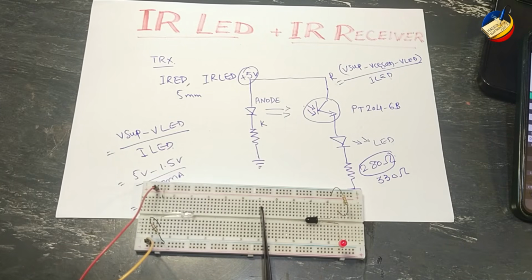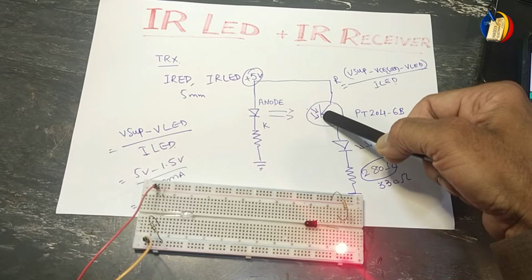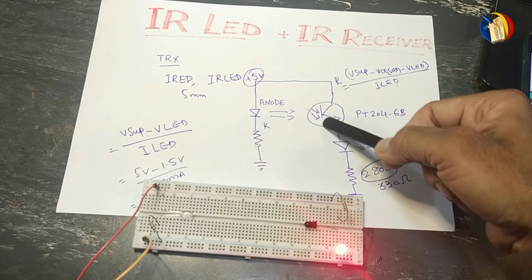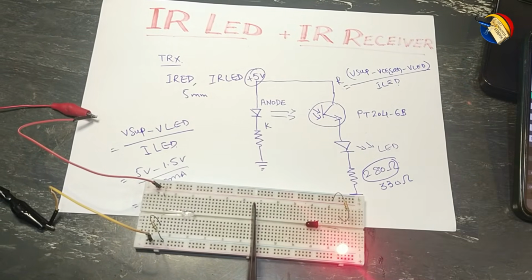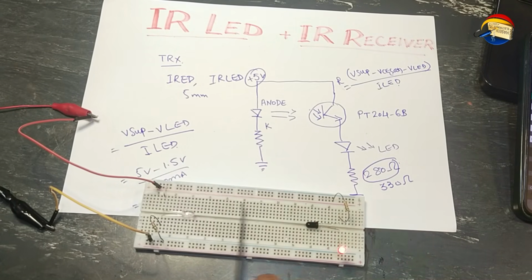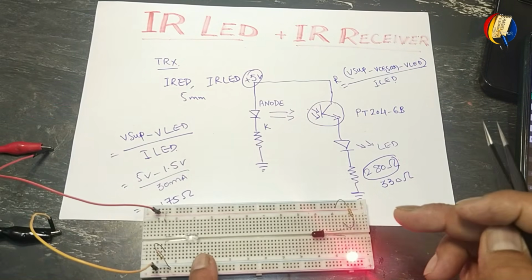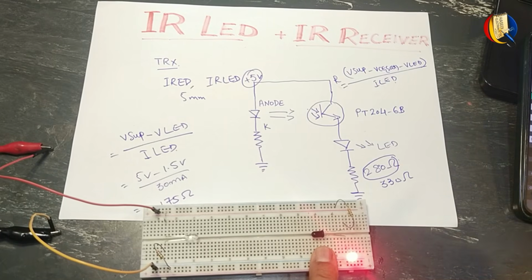Anytime the path is blocked, the LED will turn off, because this light saturates the transistor and allows voltage to the LED. When the path is clear, the LED is on. Whenever the infrared light is blocked, the LED will turn off. So we will receive a signal. This is the simplest way to use an IR transmitter and IR receiver.